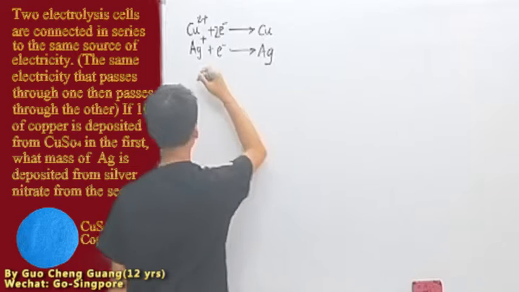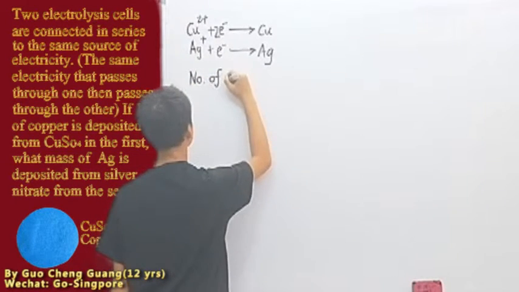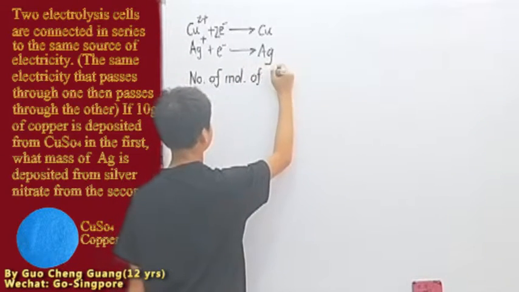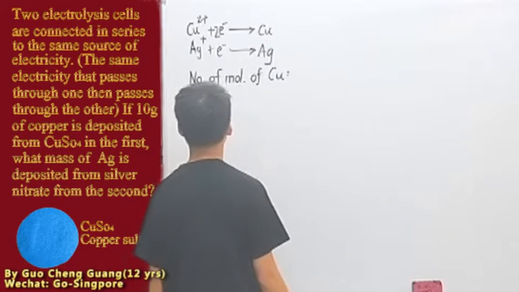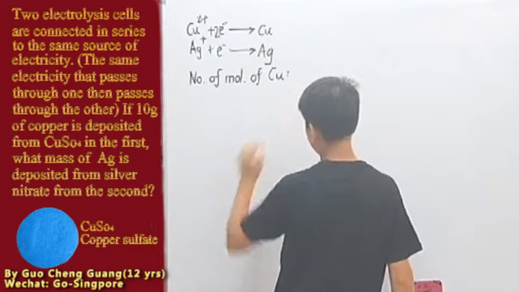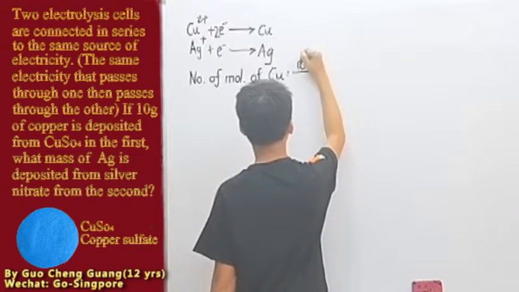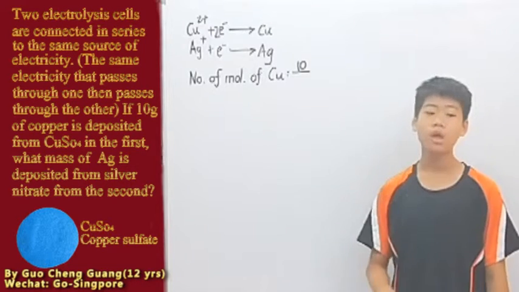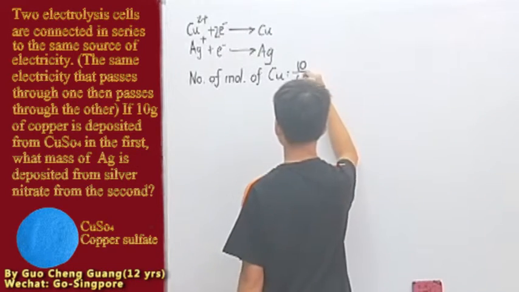So we can find the number of moles of copper. The number of moles of copper will be the mass of copper that you get, which is given here as 10, over the atomic mass of copper, which is 64.